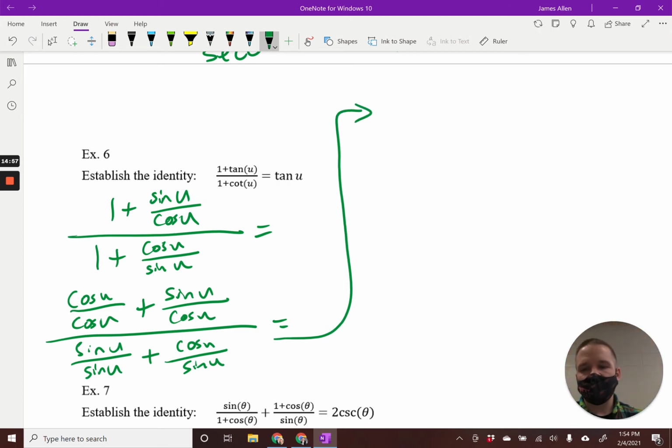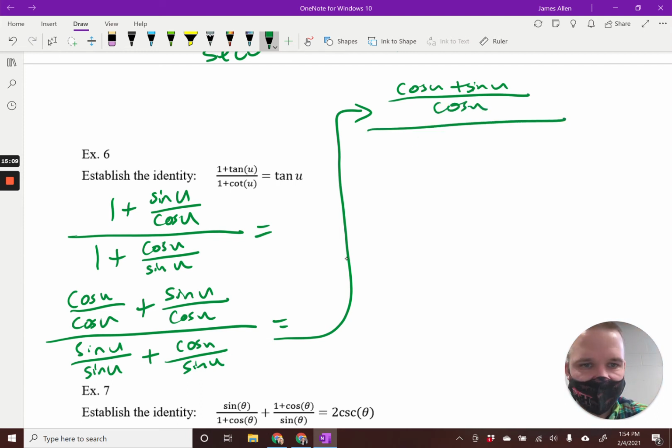All righty. So now I'm going to put that all into one fraction in the numerator, which would be cosine of u plus sine of u over cosine of u, all over sine of u plus cosine of u over sine of u. Lovely.